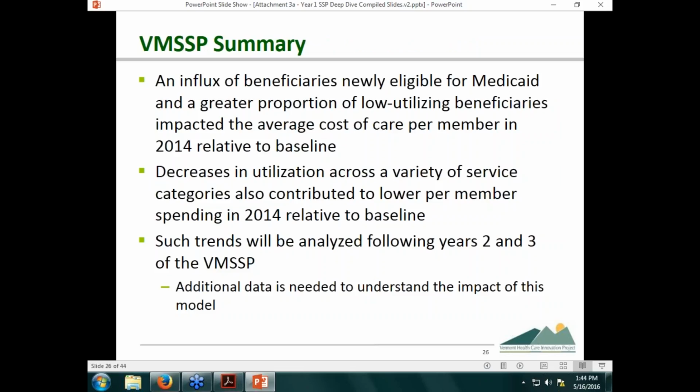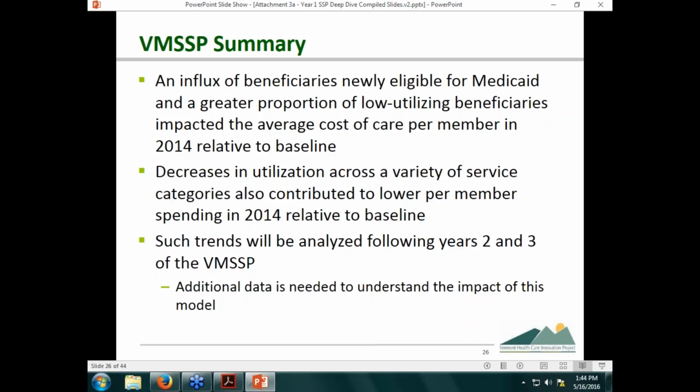So in summary, I think we can boil this down to a couple of high-level points before we go on. We saw an influx of beneficiaries who were newly eligible for Medicaid. We also saw a greater proportion of low-utilizing beneficiaries, and these all impacted the average cost of care per member in 2014 relative to the baseline years.